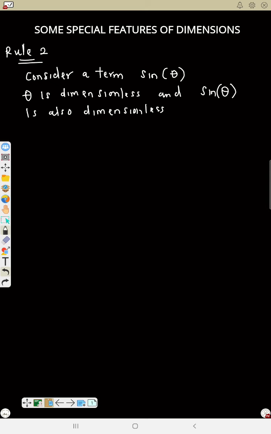You know that sine theta is opposite over hypotenuse. Let's break it down now. If I have here to be 4 meter, here to be 5 meter, and here to be 3 meter, you know they are all in meter.